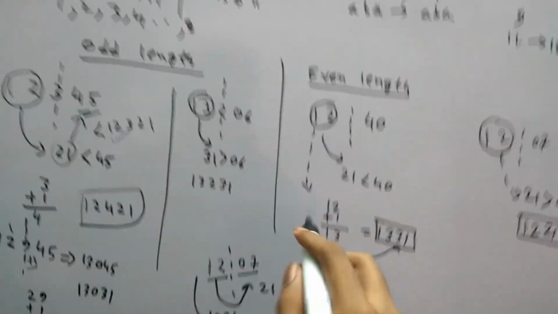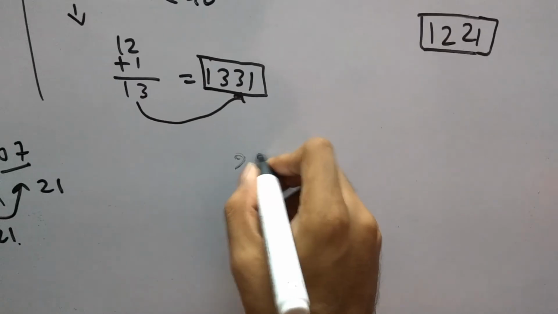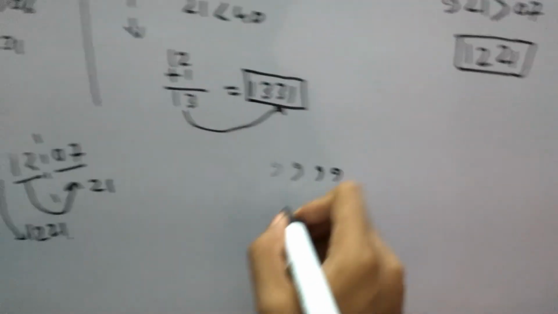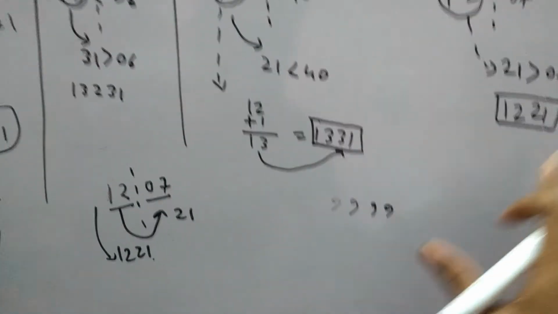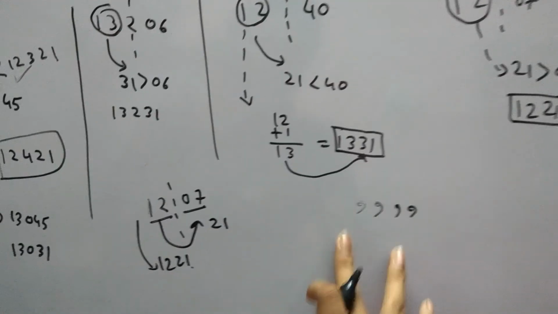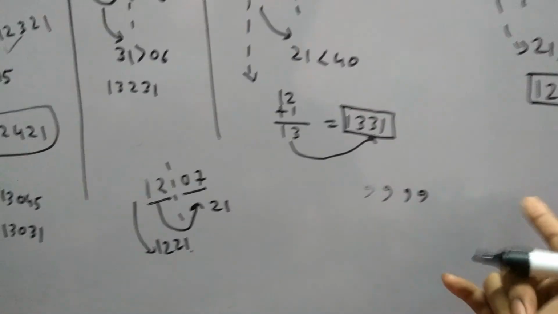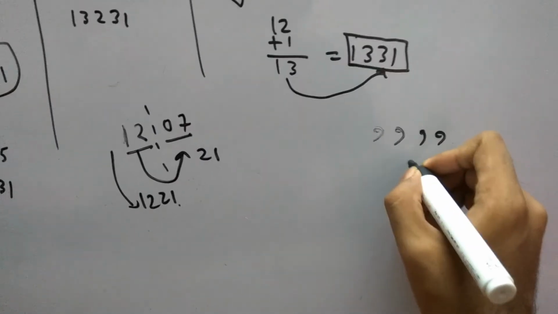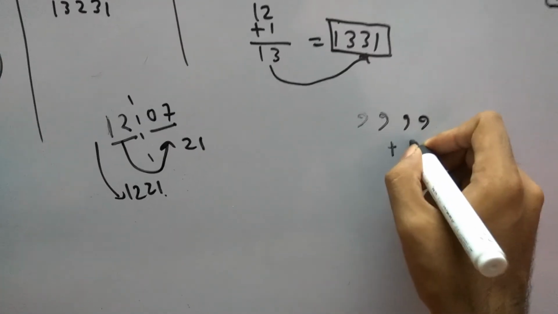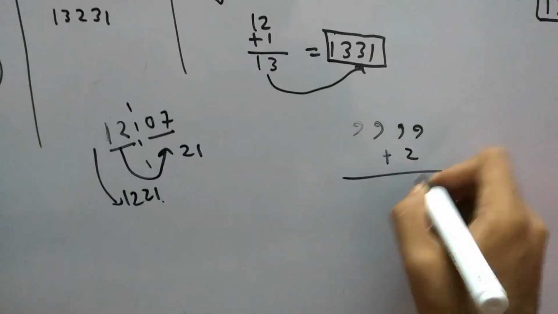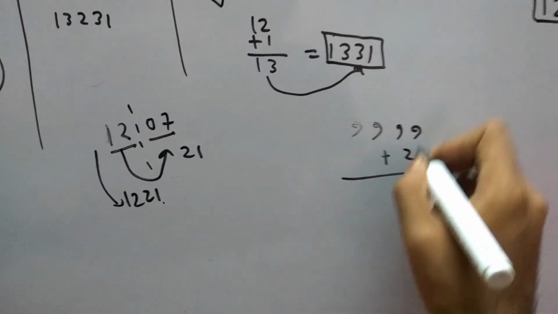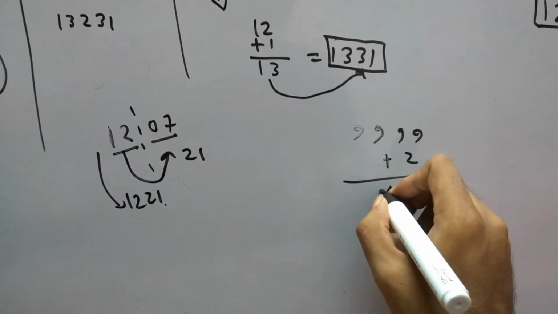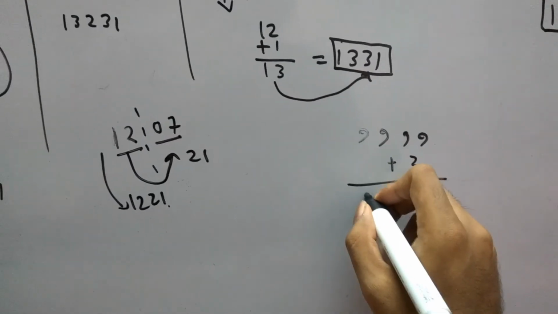One last case remaining. Let's suppose 9999, or this many nines, from 1 to an infinite number of nines are given. Then what will be the immediate next palindrome? If any input is given like this, then the output would be the number plus 2, like 9 to 11, 00001.